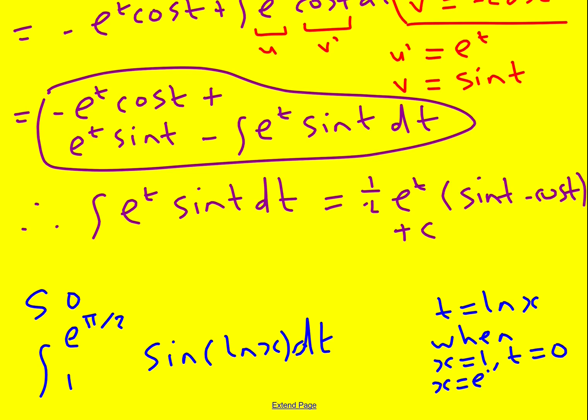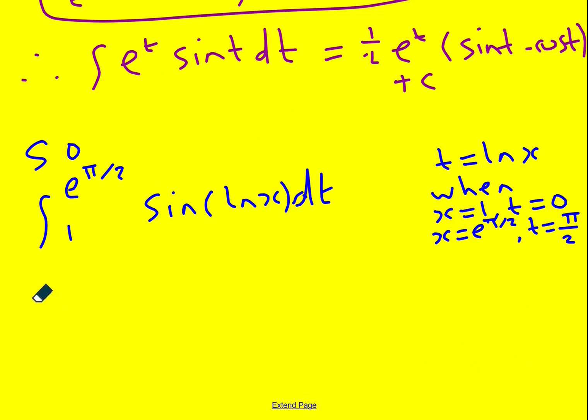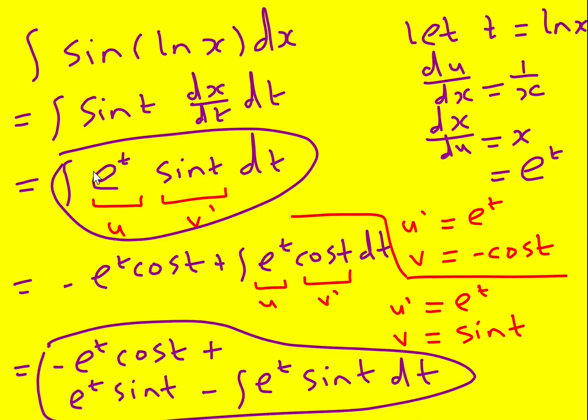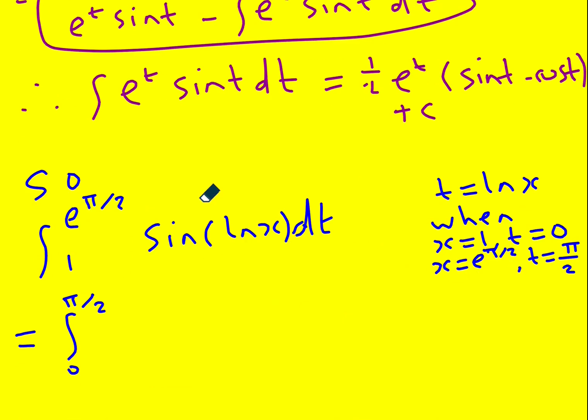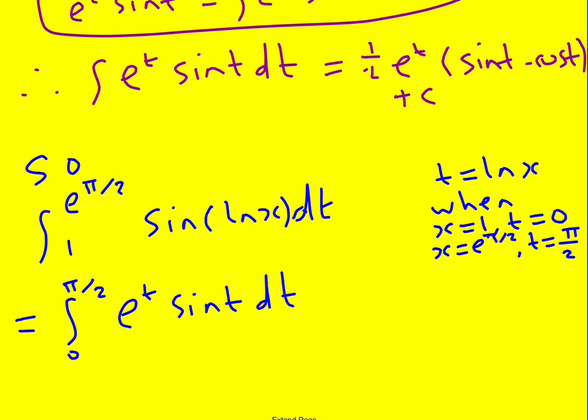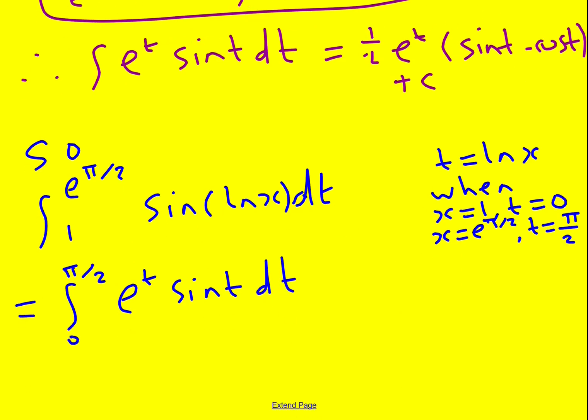When x is equal to e to the pi over 2, t is going to be ln of that, which is pi over 2. So the limits are 0 to pi over 2, and we're going to have e to the t times sine t, which we figured out here.